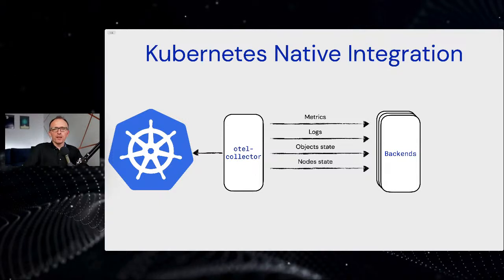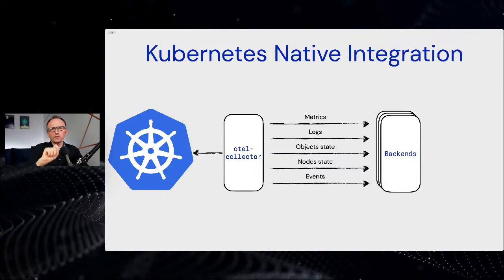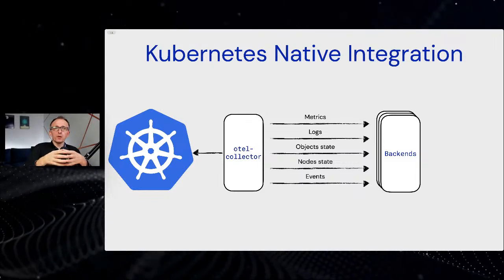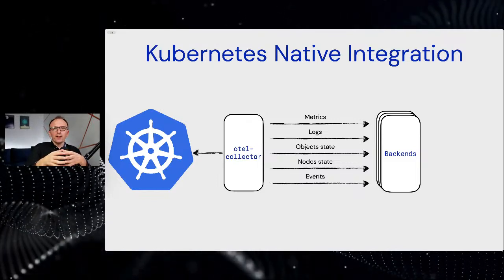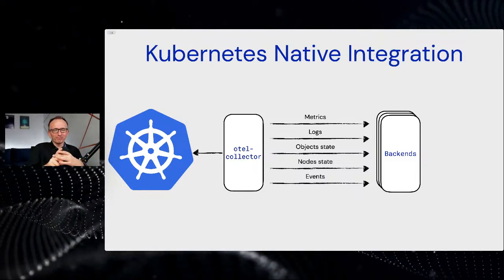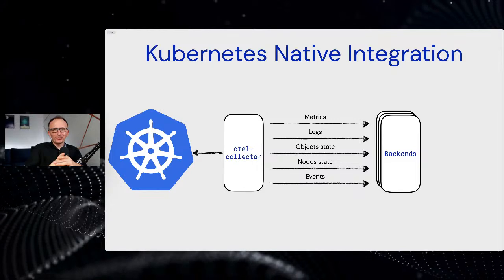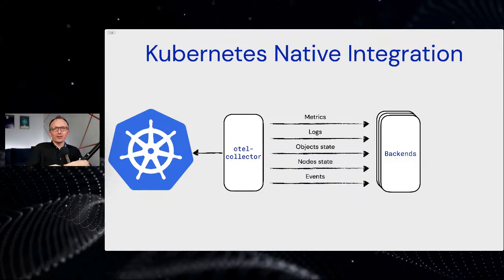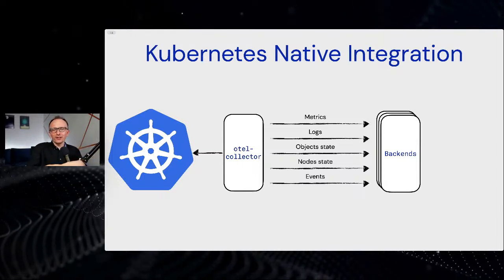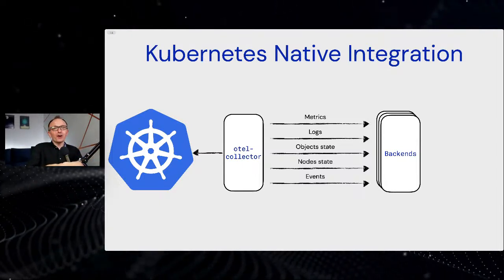That's not all, because I'm not sure if you know, but events from Kubernetes are discarded after 1 hour. So in order to browse older events, you need to archive them.